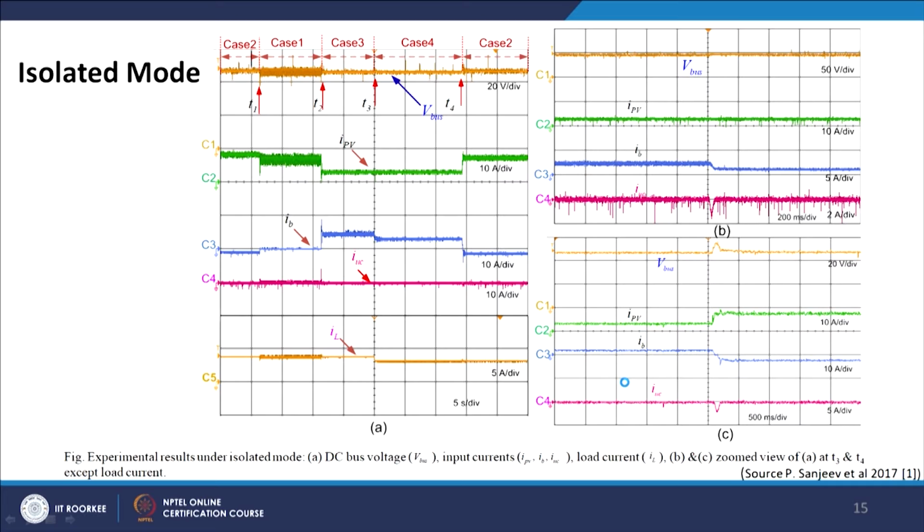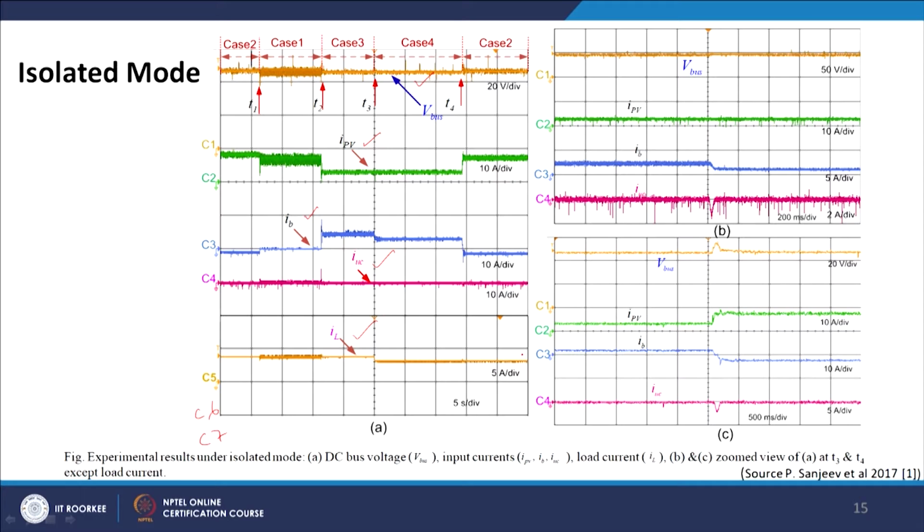Now, in case of isolated mode, we can clearly see my grid is actually absent. So, when my grid is not there, that means both C6 as well as C7 are not present because the grid is not available to me, and just within the microgrid we have captured the DC bus voltage, and then we can see the PV current as well as battery current, ultracapacitor current as well as load current.